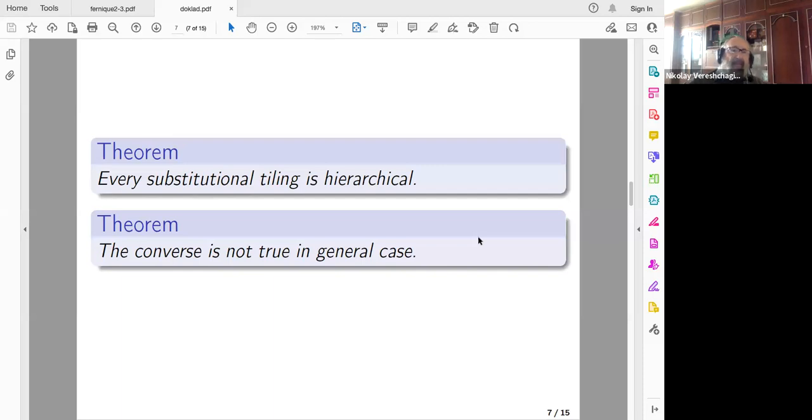And the folklore theorem states that every hierarchical tiling is aperiodic, assuming that we have the unique composition property. The unique composition property means that if a tiling has a composition, then it is unique.